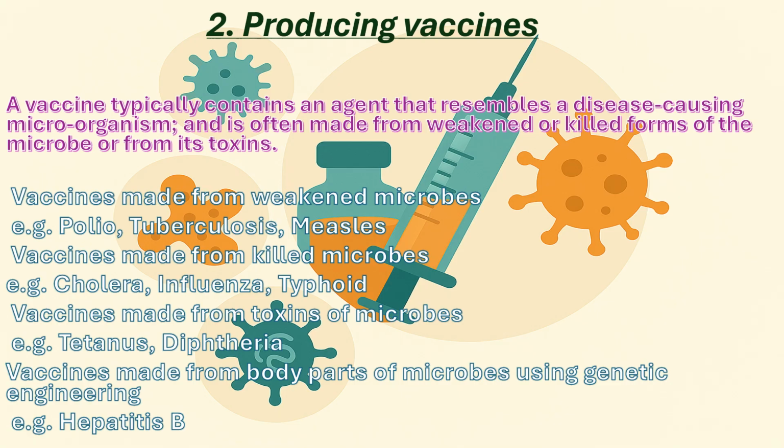Vaccines made from weakened microbes: polio, tuberculosis, and measles. Vaccines made from killed microbes: cholera, influenza, and typhoid. Vaccines made from toxins of microbes: tetanus and diphtheria. Vaccines made from body parts of the microbes using genetic engineering: hepatitis B.